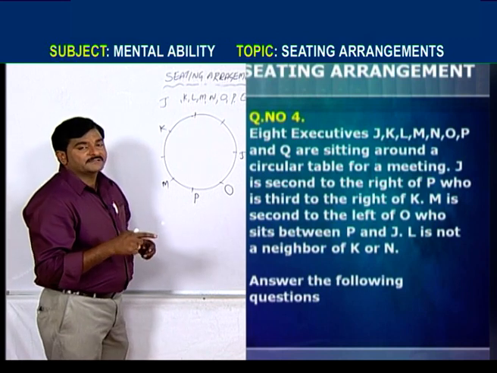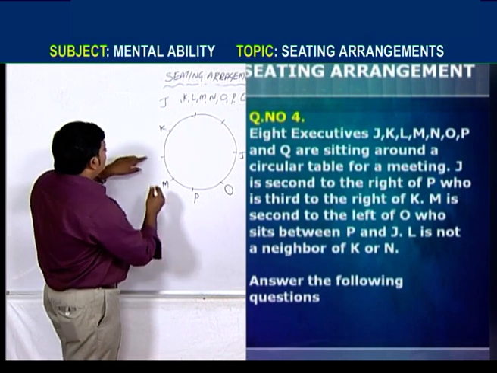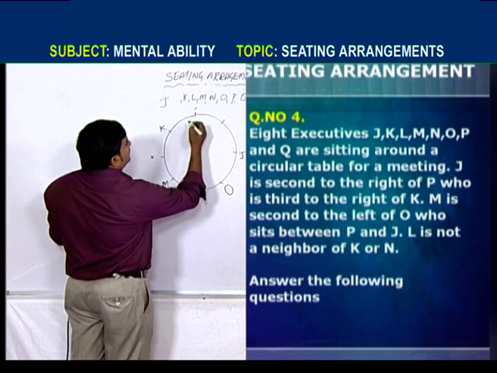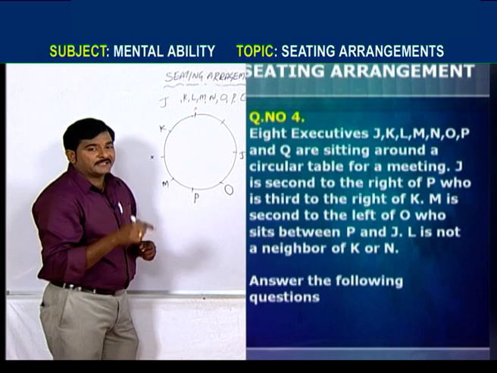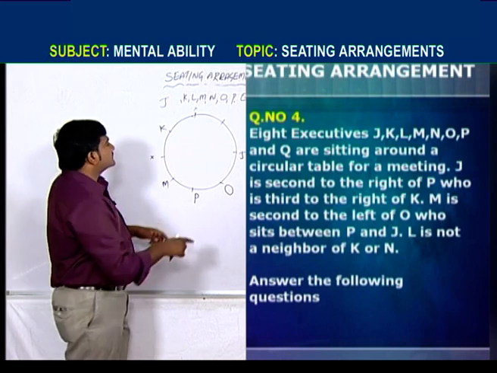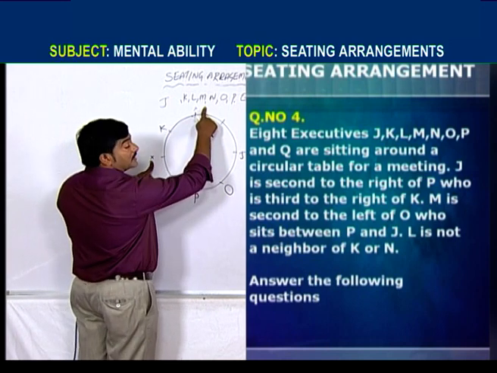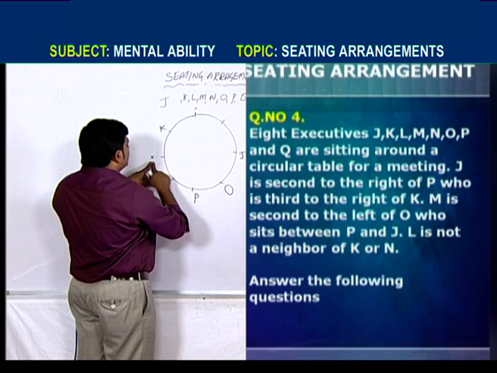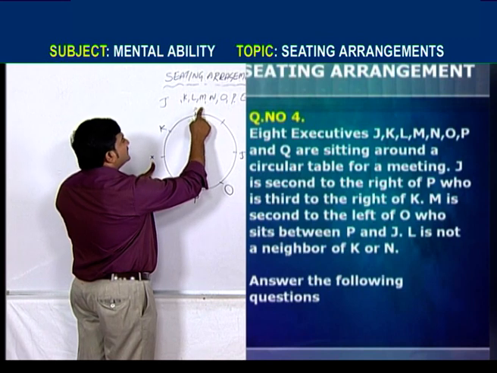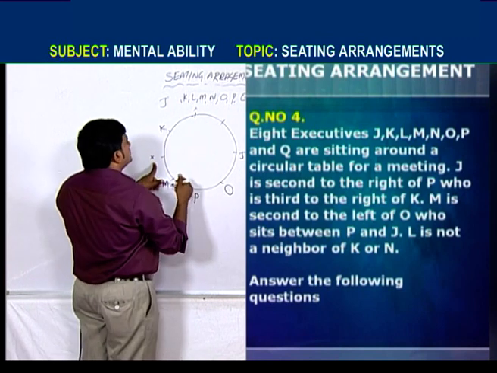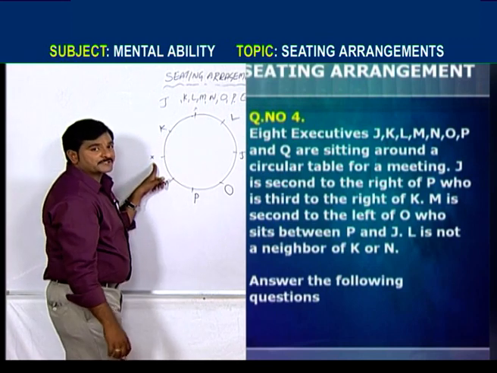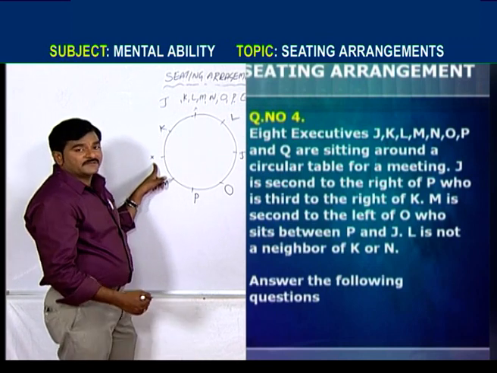L is not sitting with K or N. So this position should not be occupied by L, and this position also should not be occupied by L, because L is not a neighbor of either K or N. If you seat L here, he is a neighbor of K, or if L is sitting here, he is also a neighbor of N. That's why this position must be L's position. L is not sitting with K or N.